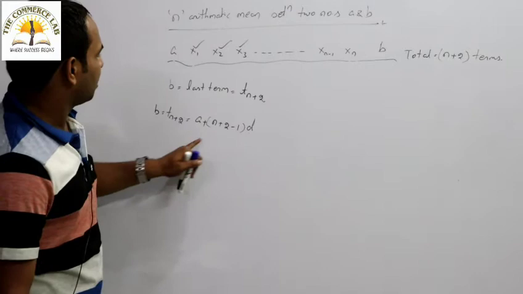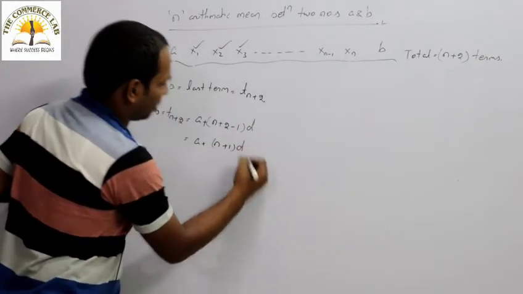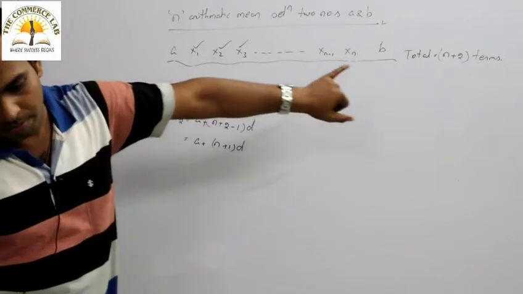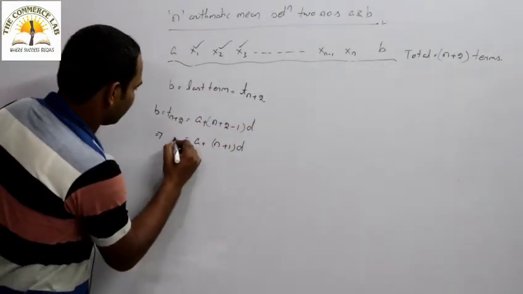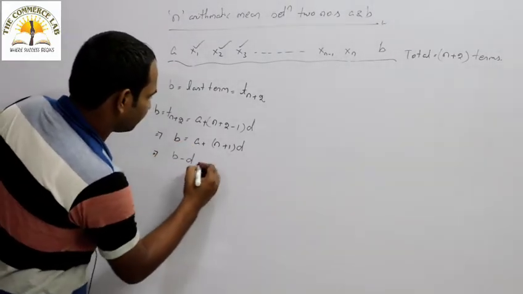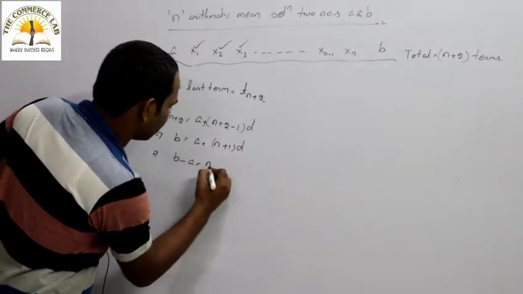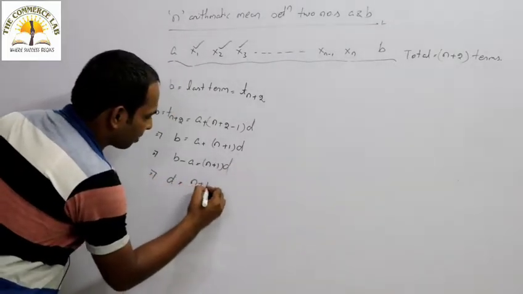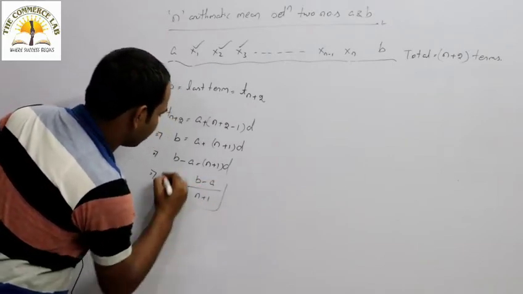So T n plus 2 is a plus n plus 1 into d, because b is your n plus 2 term. This implies b is equal to a plus n plus 1 into d. So b minus a is equal to n plus 1 into d. This implies d is equal to b minus a by n plus 1.